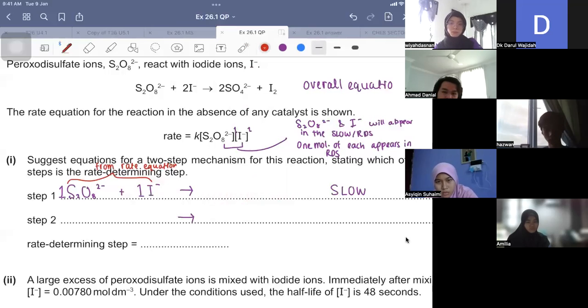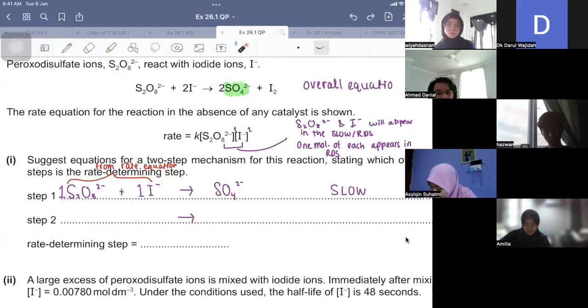So I am going to use sulfate, but only one molecule of sulfate, as my product. You may be asking why we are not using 2 iodides when there are actually 2 molecules of iodide.